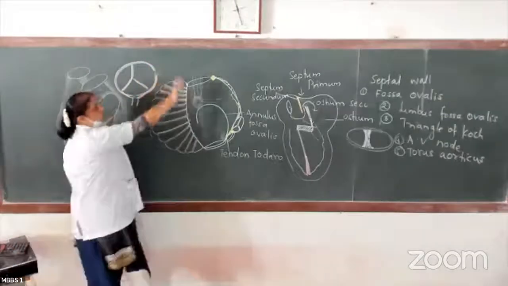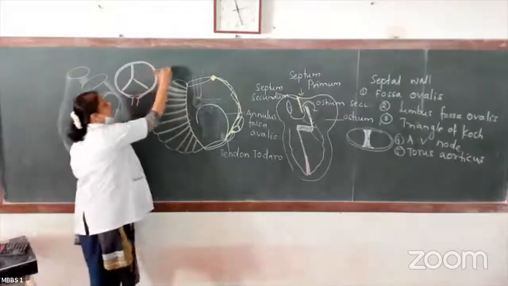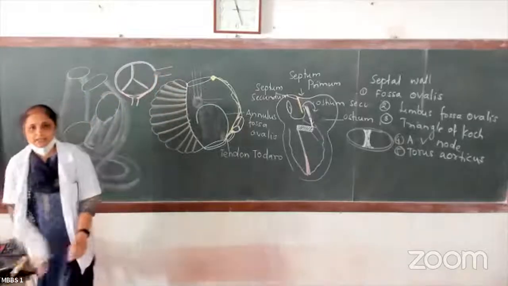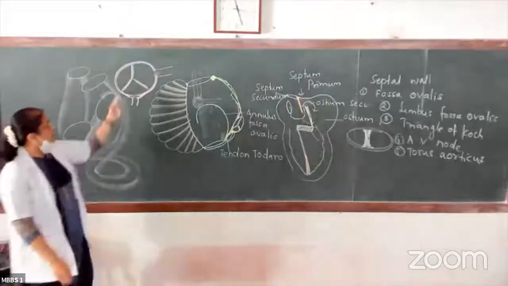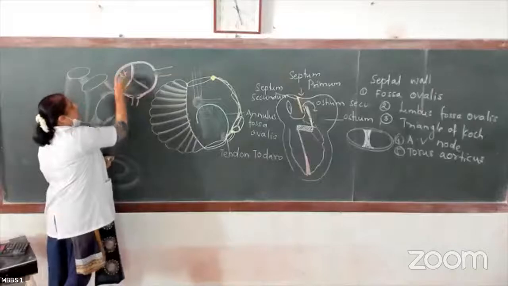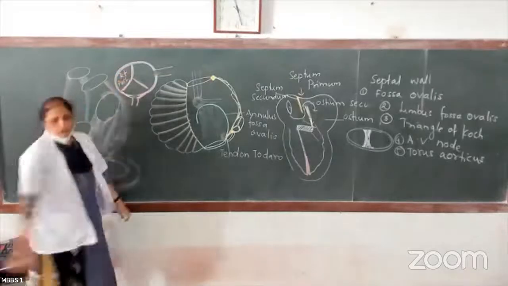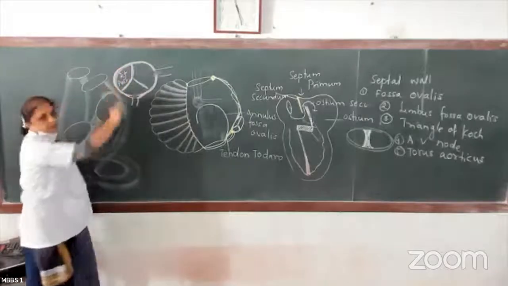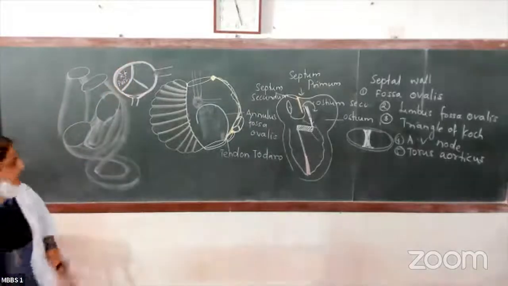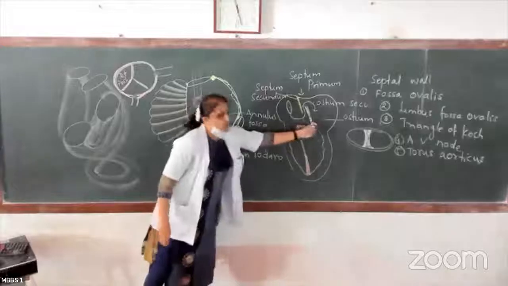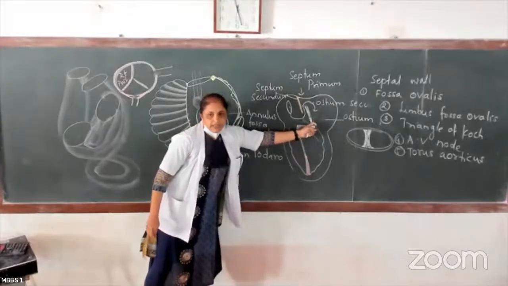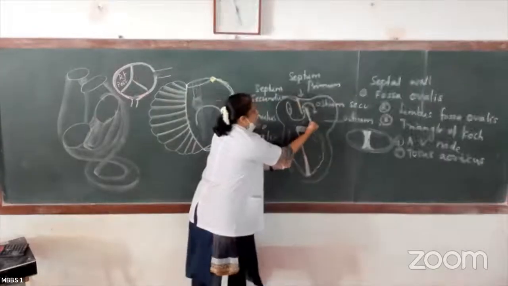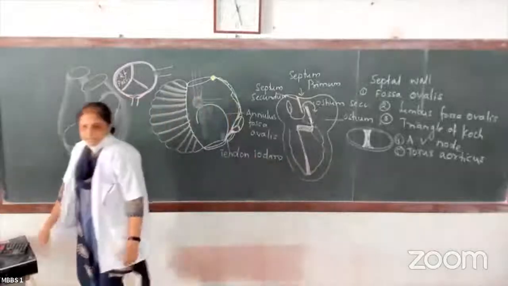Now this left posterior aortic sinus is giving rise to the left coronary artery. And this right posterior sinus, which is present here, is producing a bulge in the right atrium, because it is situated somewhere here. It is producing a bulge in the septal wall.